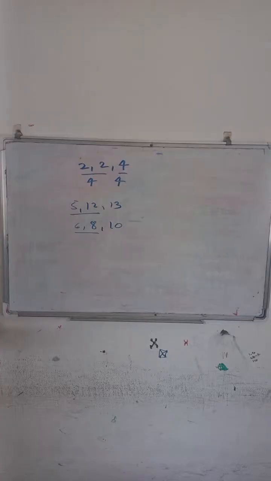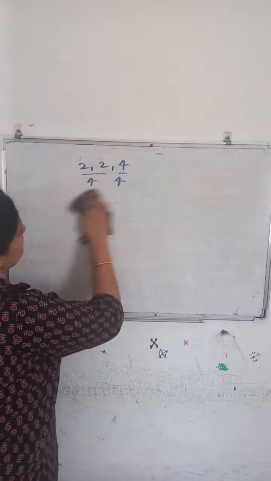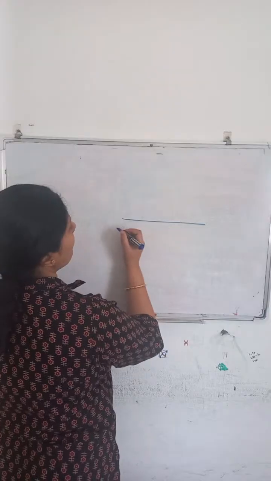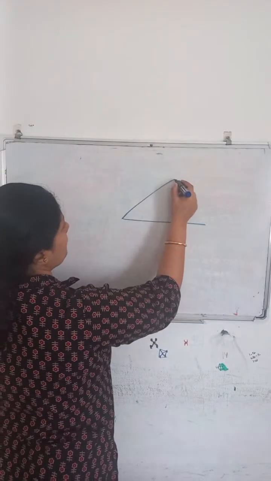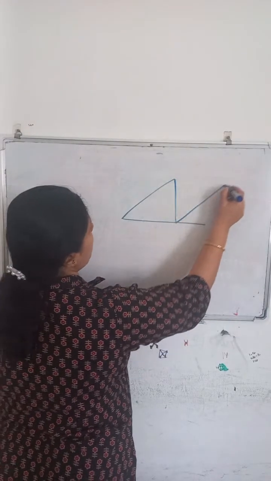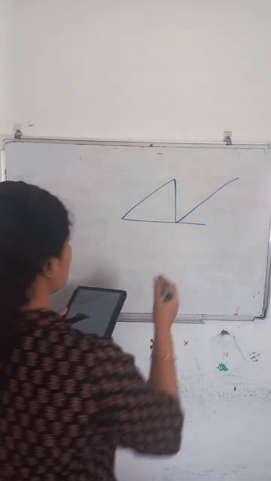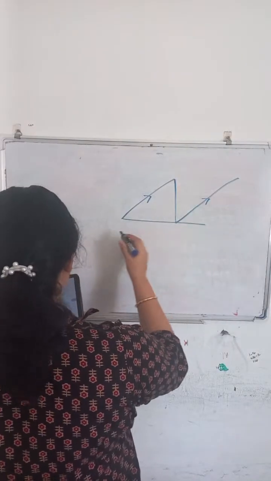Now, the figure is given over here, and they are saying this line and this line are parallel.